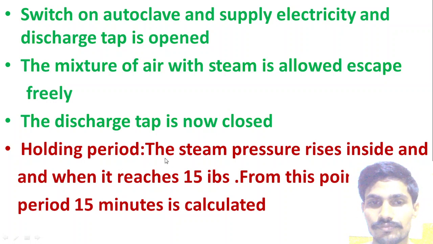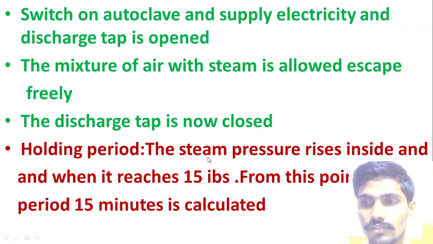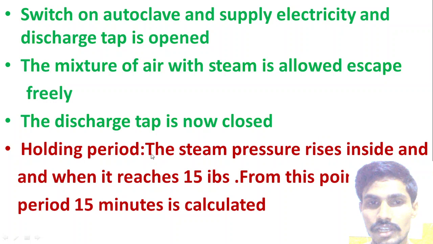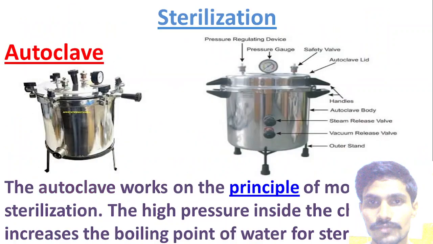Holding period. The steam pressure rises inside. When the autoclave is in running condition, what happens? Steam pressure is created, and when it reaches 15 lbs, there is a pressure gauge. You can see the pressure gauge showing the pressure.